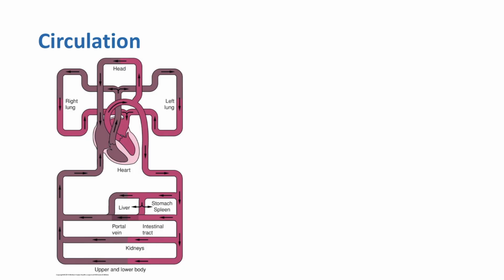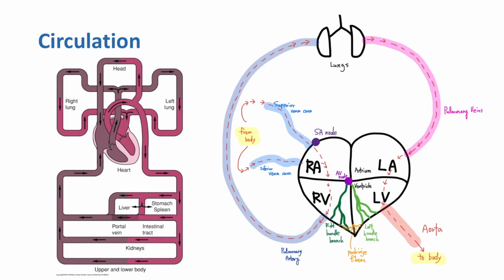This is the figure from our textbook, and this is how I simplify it. You should try to draw it on your own. So let's start from the heart. It has 4 chambers: right atrium, right ventricle, left atrium, and left ventricle. The blood circulation starts from left ventricle.